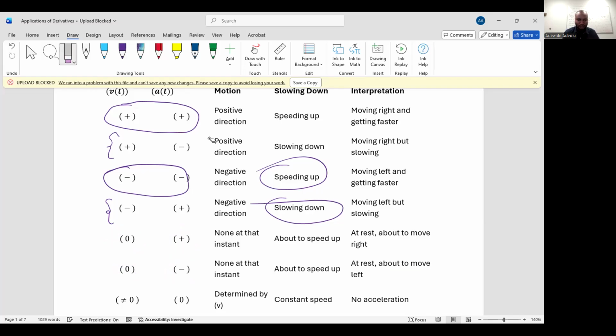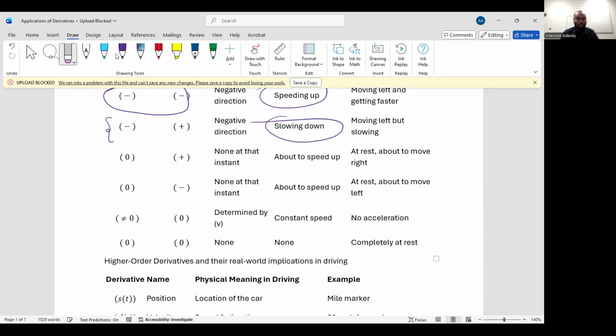Okay, this happens to us a lot. Our velocity is not zero, that is, you are moving, but your acceleration is zero. You are neither using the brake nor your foot is on the gas. So that means you have constant speed and you don't have any acceleration.